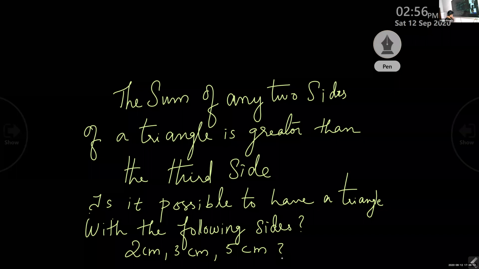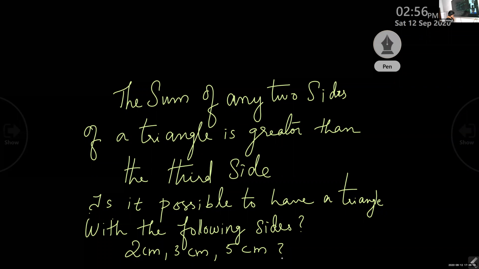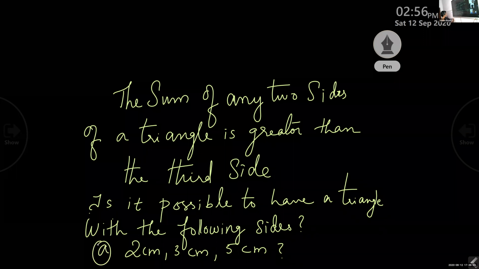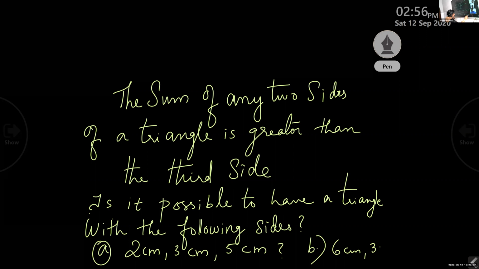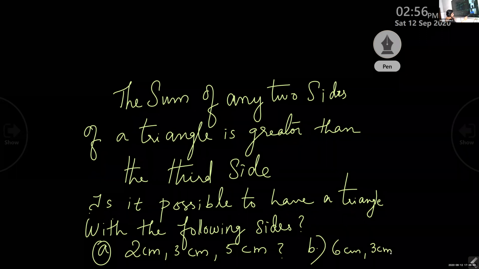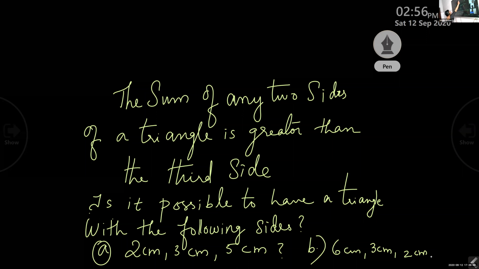Is it possible to have a triangle with the three sides? This is the first question, A. Second one, B, is this. Can you answer?